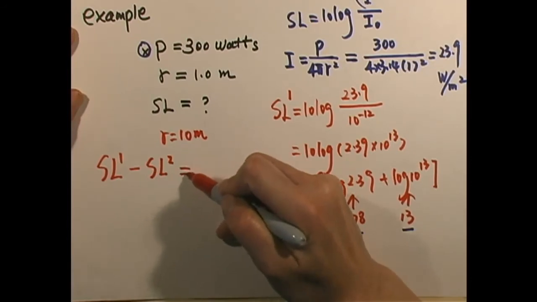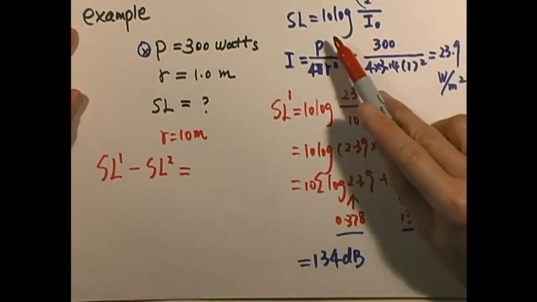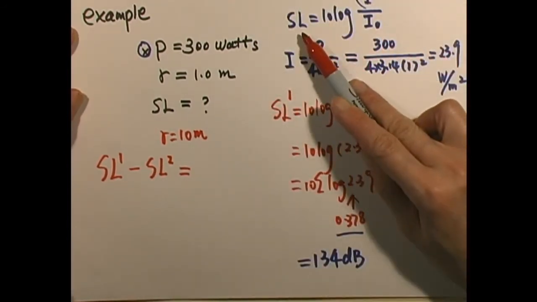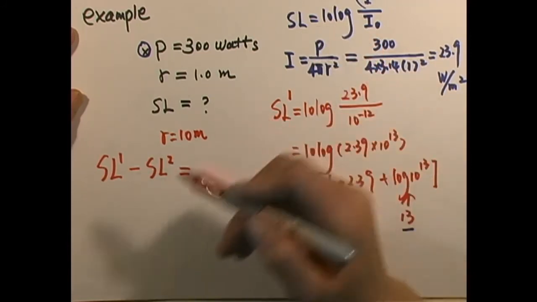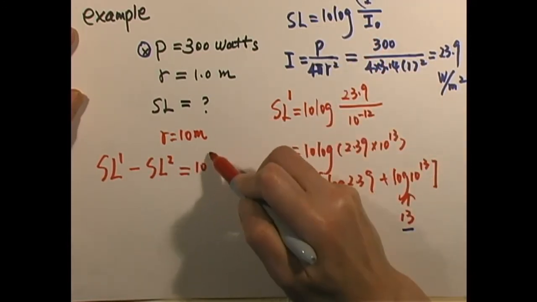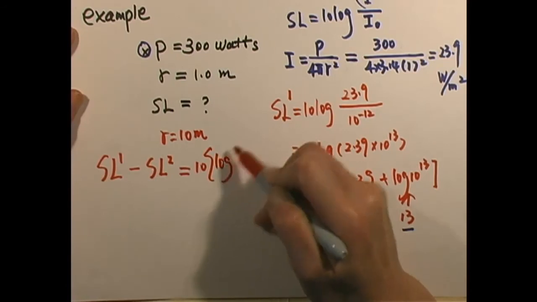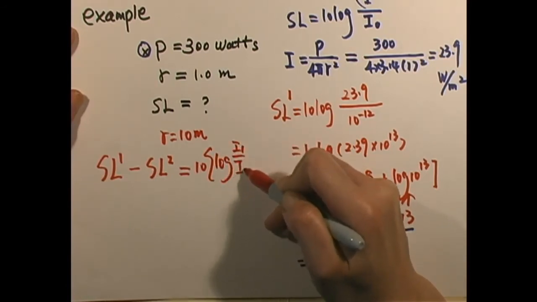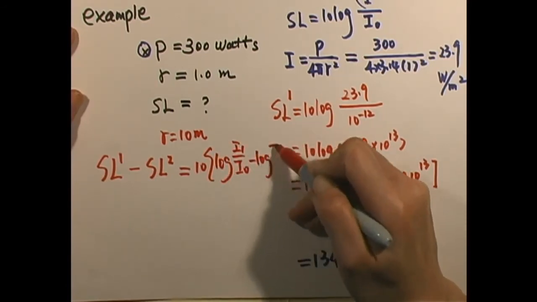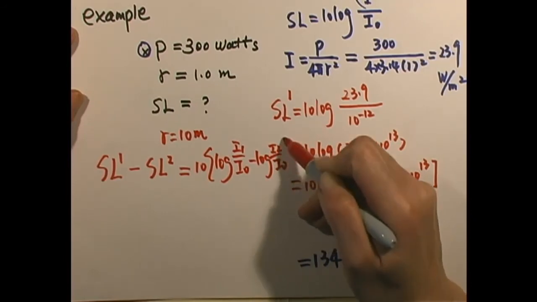Now if we look at the equation that we use, SL1 minus SL2, that result is 10 of log of I1 minus log of I2.